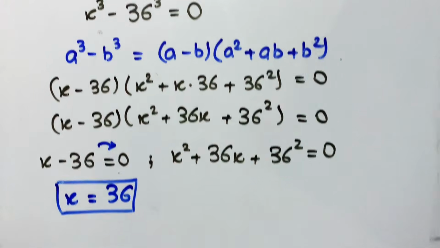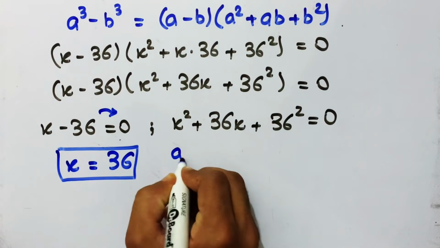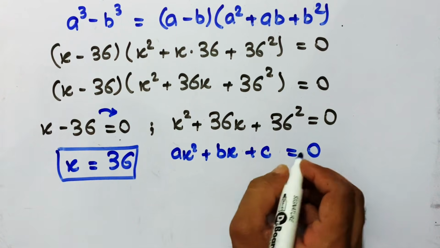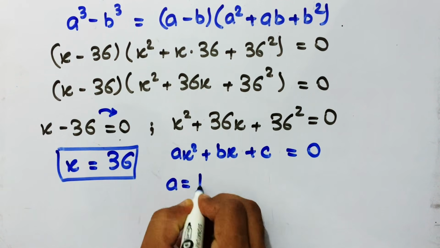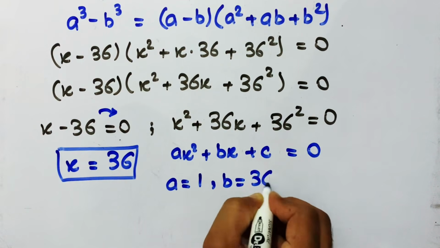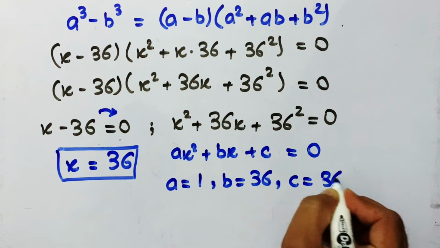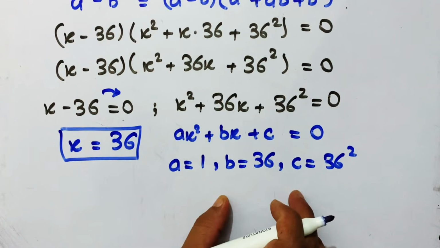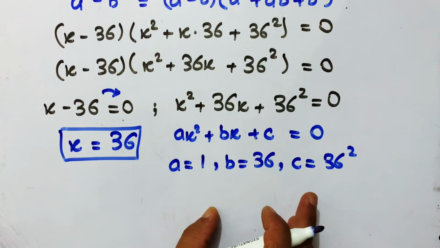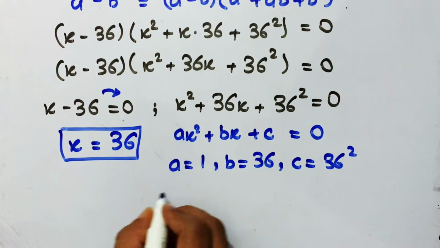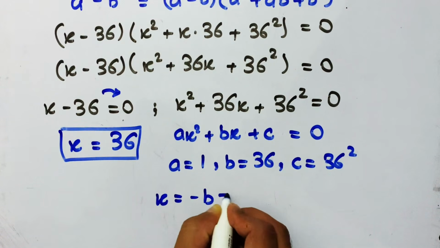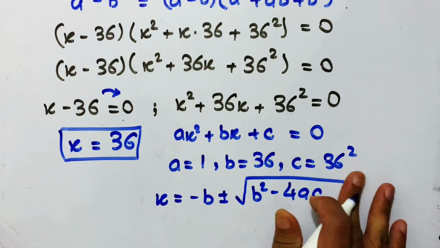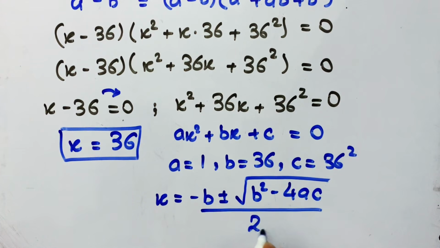The other equation is a quadratic equation of the form ax squared plus bx plus c equals 0. We have a equal to 1, b equal to 36, and c equal to 36 squared. So we use the quadratic formula: x equals minus b plus or minus the square root of b squared minus 4ac, divided by 2a.